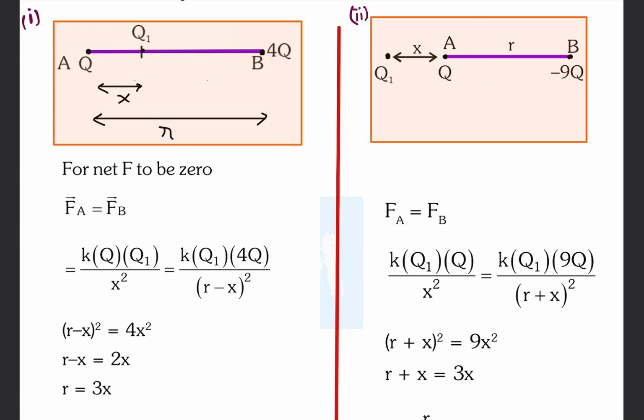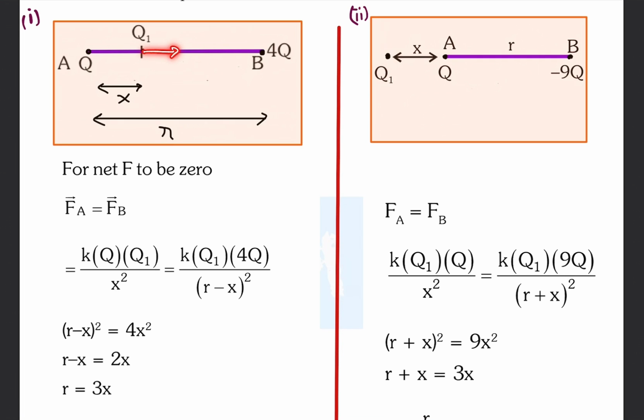Okay, students. So here, this charge q and this charge 4q are at distance r from each other, and suppose a charge q1 is placed at a distance x. Now for equilibrium, net force should be 0.